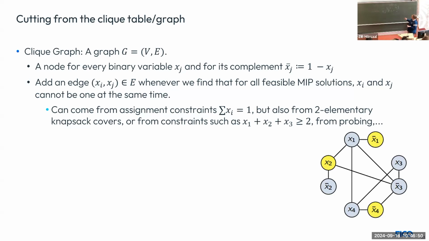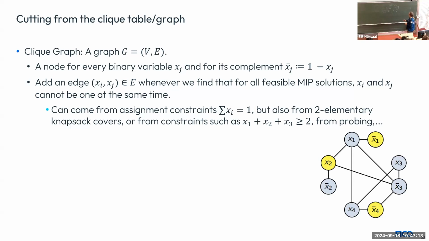But also from elementary knapsack covers, as we just saw previously, or from probing, which often has such implications as a result, or even for constraints like this. And you say, hang on, Timo, I clearly see how two variables must be one at the same time here.